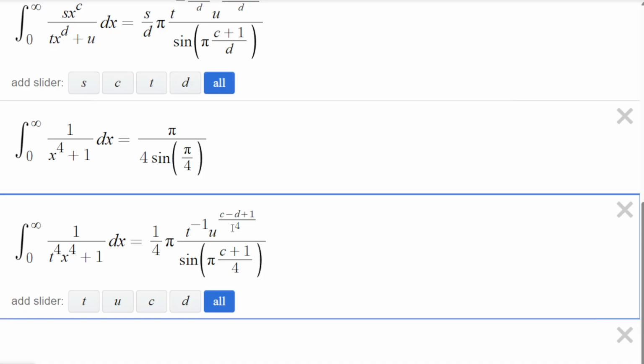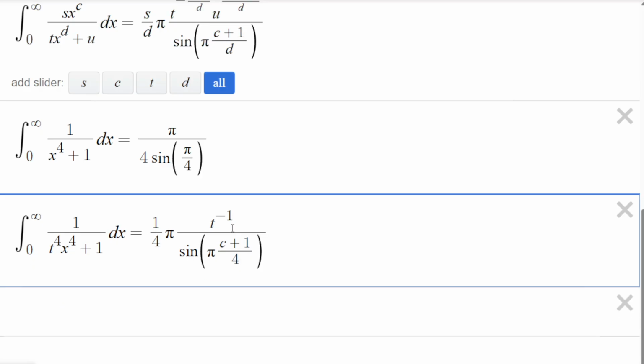Our c was 0. That's right. But also our u is 1. So without even doing any of the other stuff, this is going to be 1. Again, our c was the exponent on x in the numerator, so that is 0. So that's still sine pi over 4.